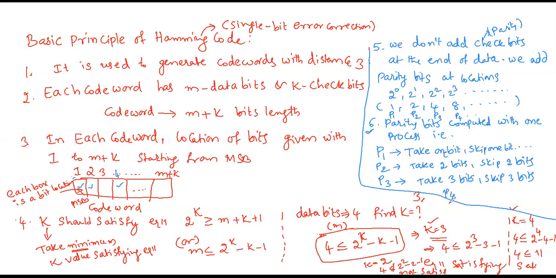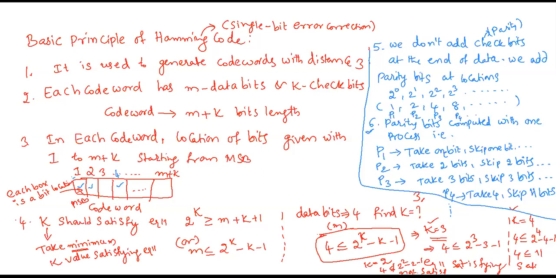P4, like this, whatever it may be: take 4 bits, skip 4 bits. This is the process to generate parity bits. This is the Hamming code generation process, how we generate Hamming code for the given data. These are the points you need to remember.